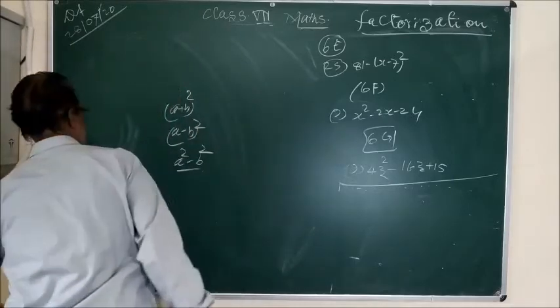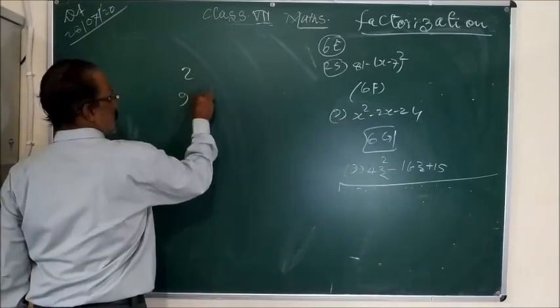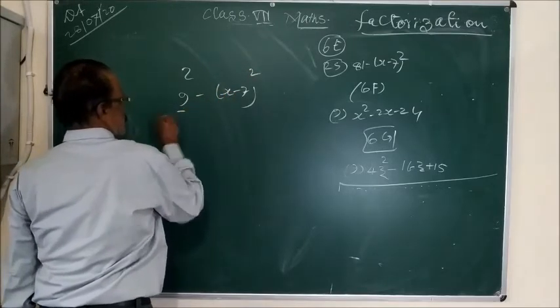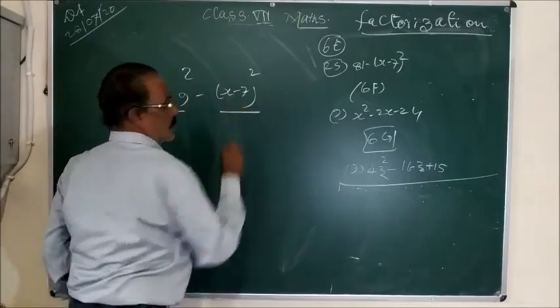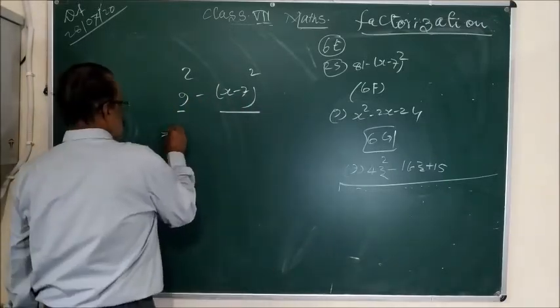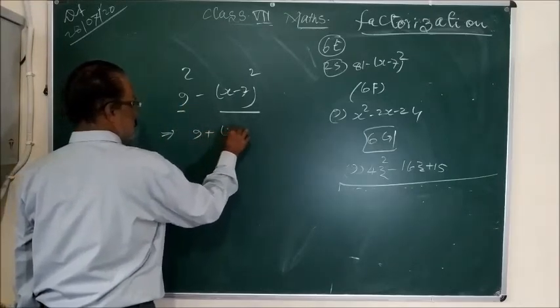देखिए 81 is the square of which number? 9 का square है. And this is minus 7. This is a and this is b. A square minus b square. You compare a plus b, a minus b. So this will be a plus b. B means x minus 7.